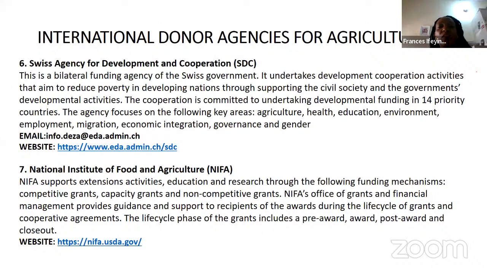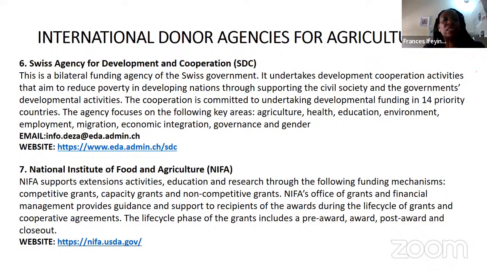The agency focuses on the following areas: agriculture, health, education, environment, employment, migration, economic integration, governance, and gender. This is the first one that tilts towards gender.